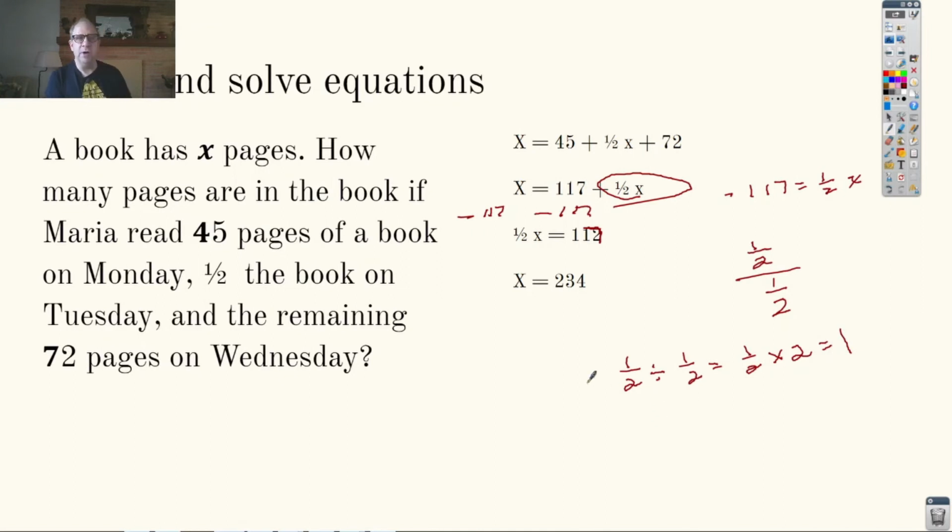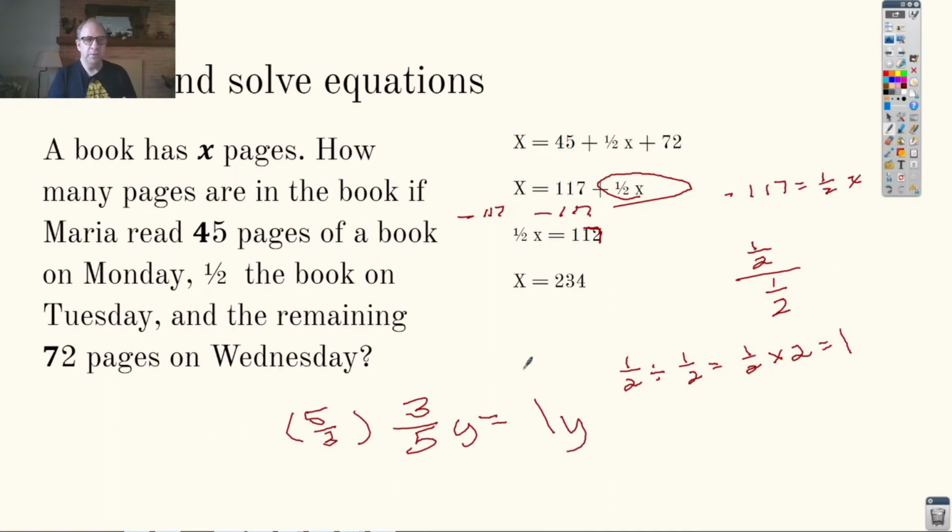This is why fractions are so cool. Whatever my fraction is, if I have 3/5 y and I want to make it 1, then I multiply both sides by the fraction flipped over, and I end up with 1. Okay? That's why I like fractions.